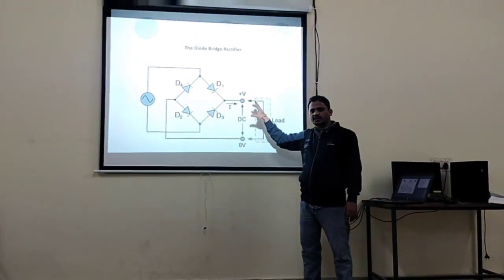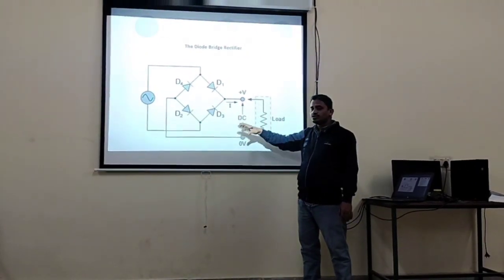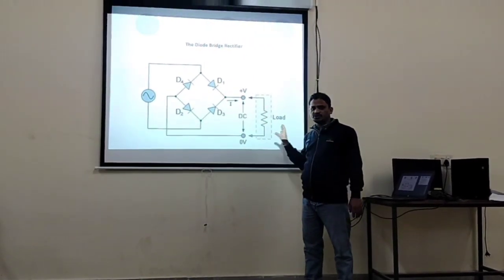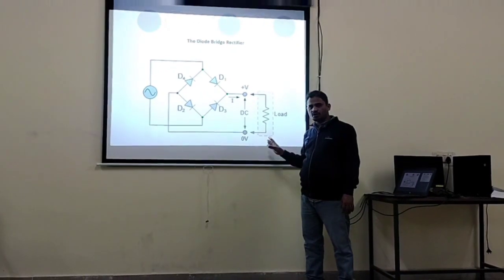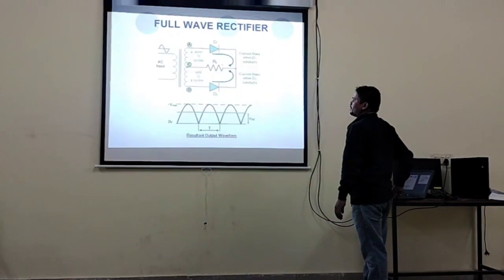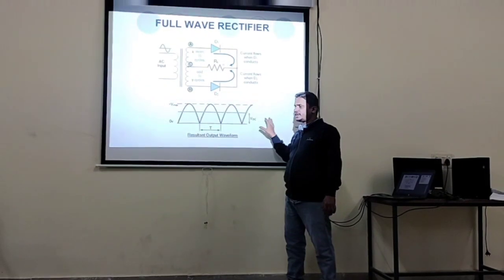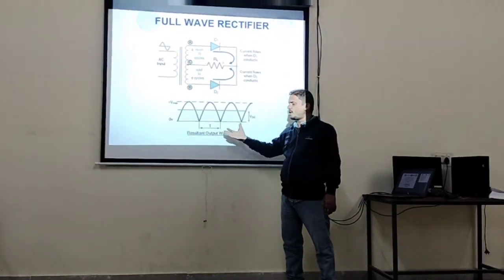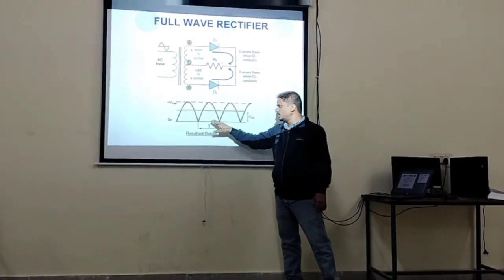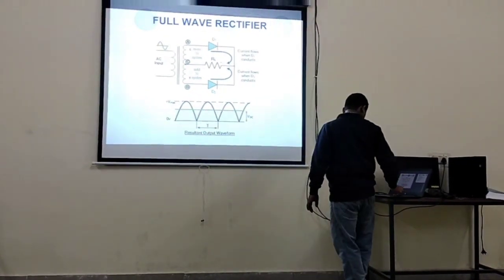Here, the output waveform is D1 D2, D3 D4, D1 D2, D3 D4: continuous positive half cycles are present as the output across the load. In the bridge rectifier, the output signal is the same: D1, D2, D3, D4, D1, D2, D3, D4. The same cycle is present as the output waveform.